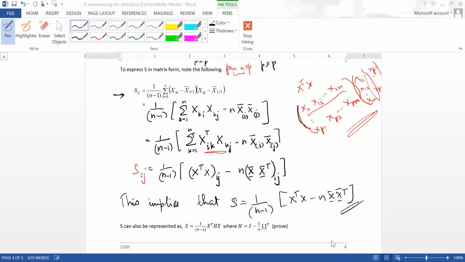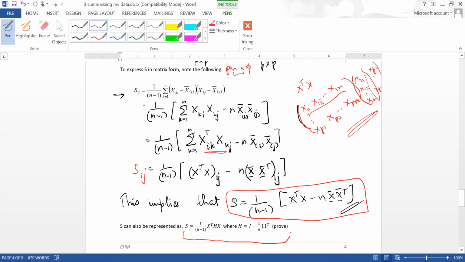Okay, fine. So yes, the variance covariance matrix. This is what you have to know. We can write it in matrix form as 1 over n minus 1 x transpose x minus n x bar x bar transpose. So S can also be represented, here's another form.